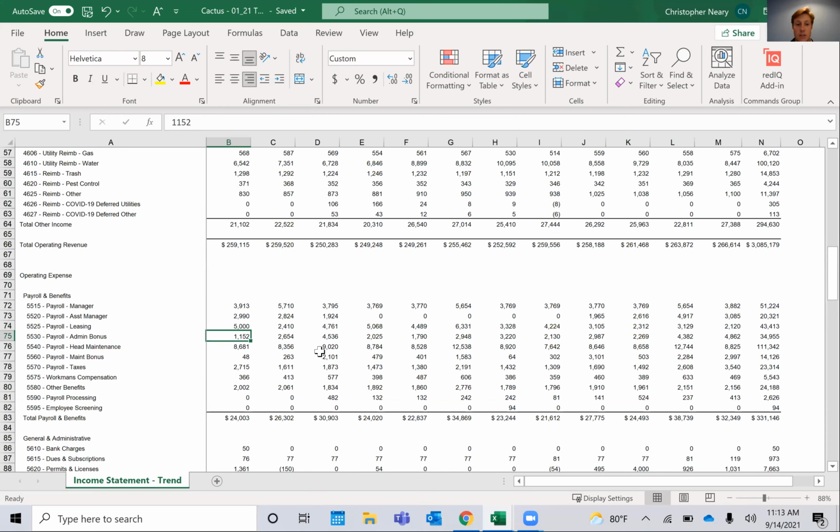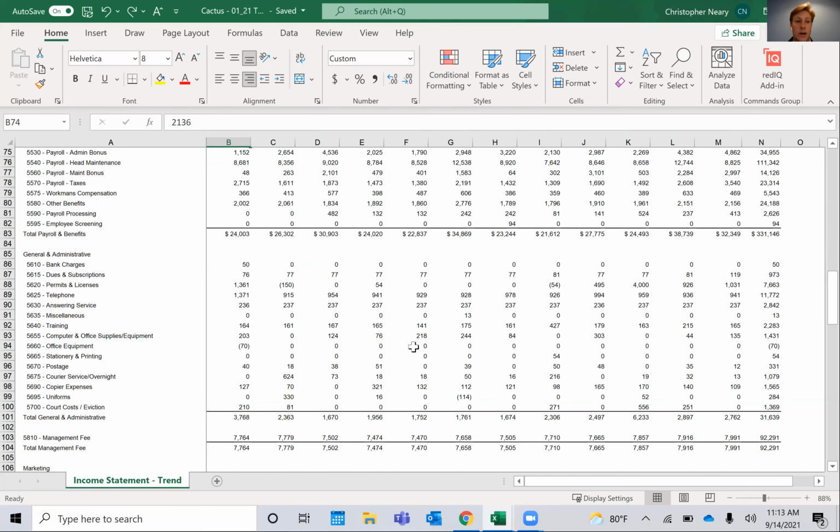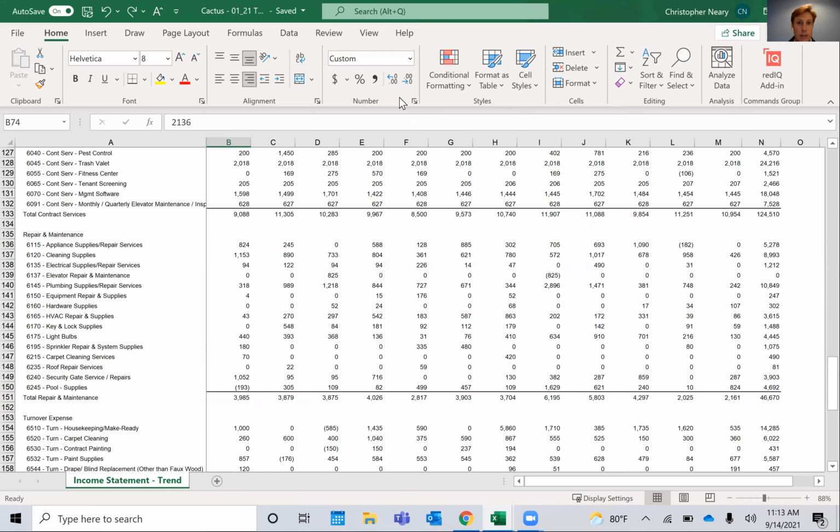Maybe it's 5,000, right? And then it drops off after 4 months. You can tell that they got rid of a leasing person because they were becoming more and more stabilized, so they didn't need that extra manpower. So you can tell a lot from a T12 perspective.